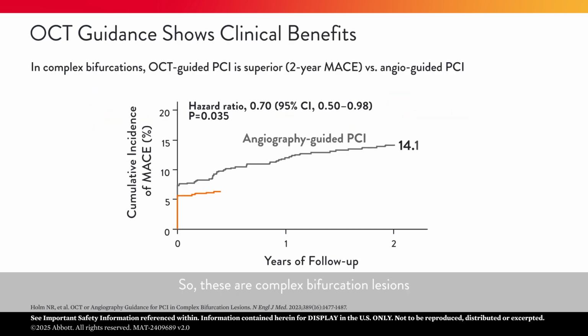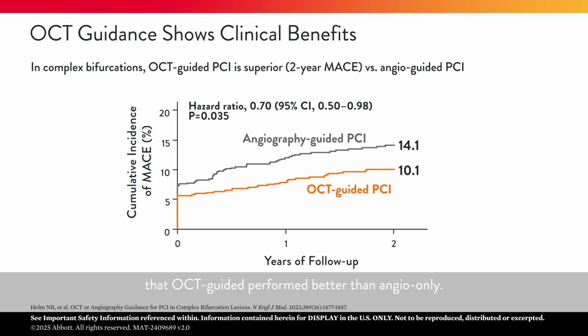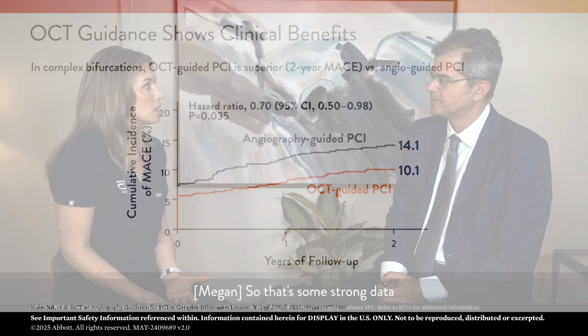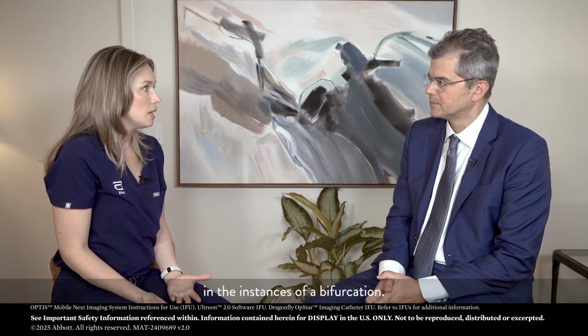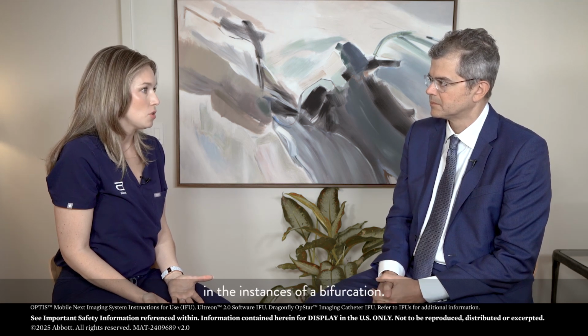So these were complex bifurcation lesions that OCT-guided performed better than angio only. So that's some strong data to support the use of OCT in the instances of a bifurcation.